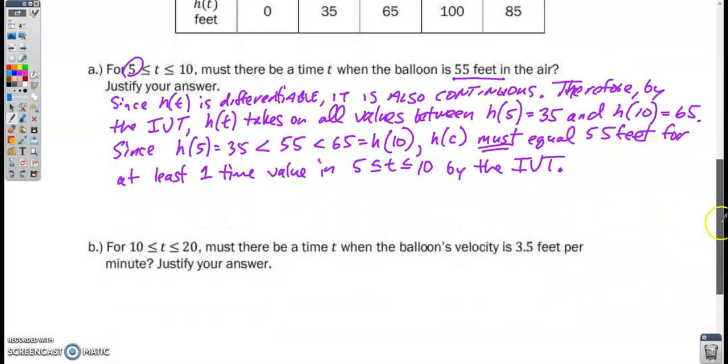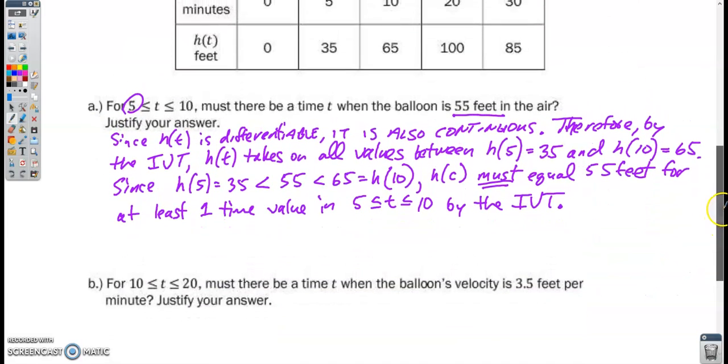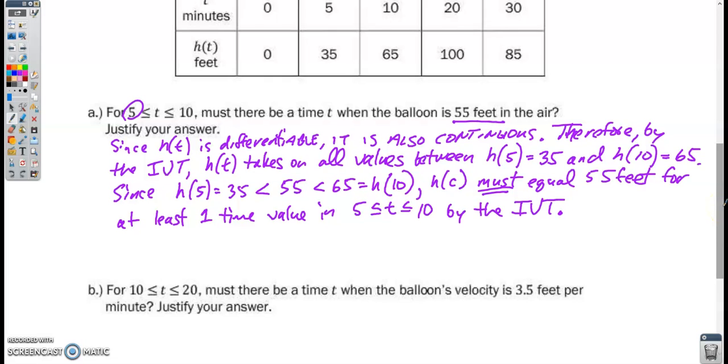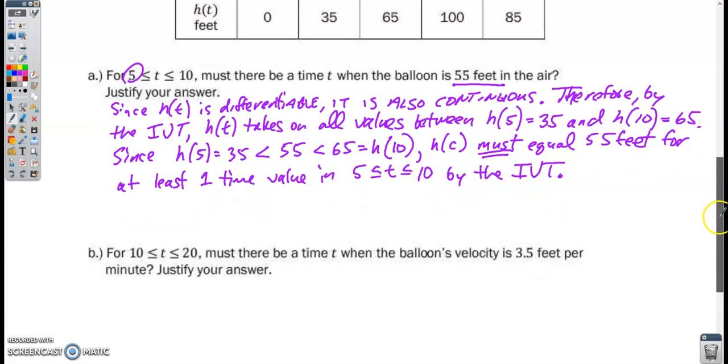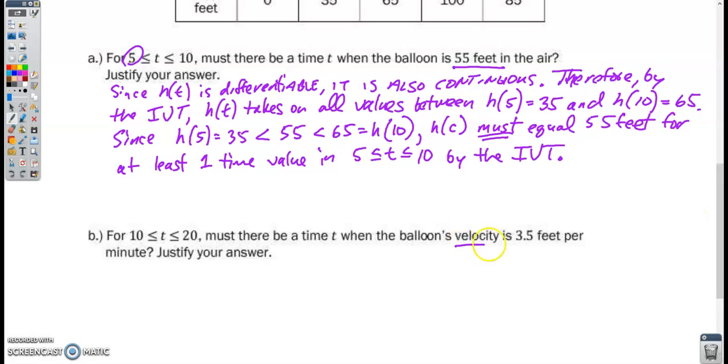All right, part B. For time 10 to 20, must there be a time t when the balloon's velocity is 3.5 feet per minute? Justify your answer. Now we're talking about the velocity, which is the instantaneous rate of change of the height. So we're geared towards using the mean value theorem in this part of the problem.